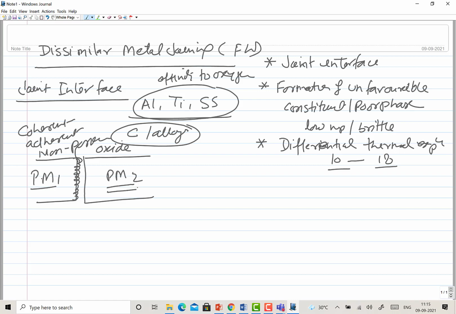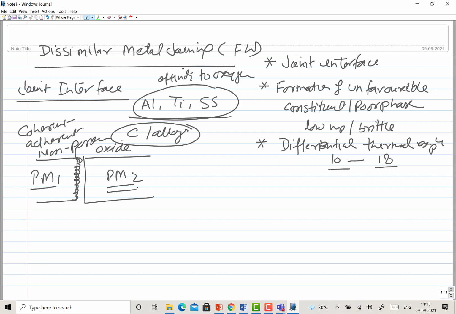The second one is not that sensitive to oxygen or the atmospheric gases. Whenever that happens, you will find that there is always some kind of oxide layer present, and this can come from a variety of sources, including air, moisture and grease, which will decompose during the joining itself due to the heat generation.